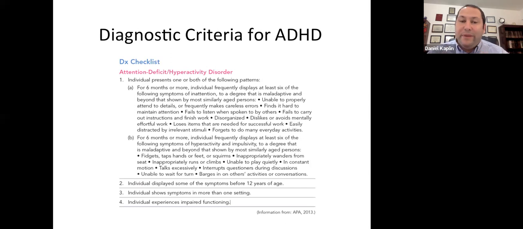Now, what happens if a person has 6 or more criteria met for 1A and 6 out of 9 of the criteria met for 1B?